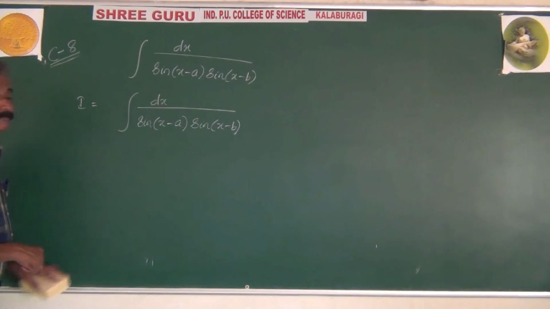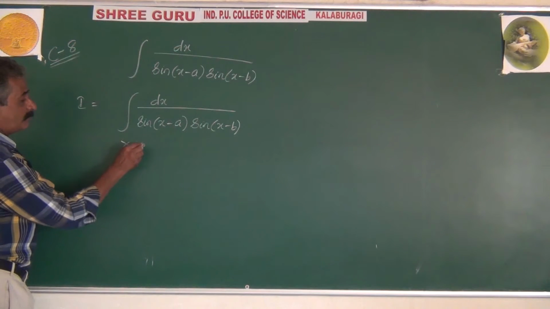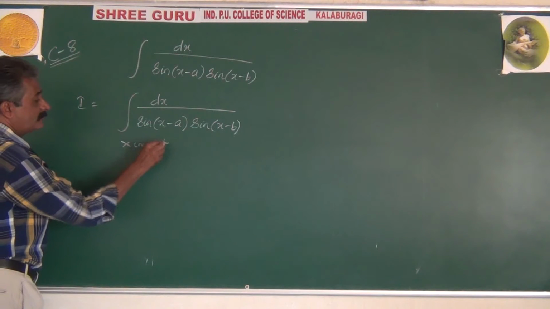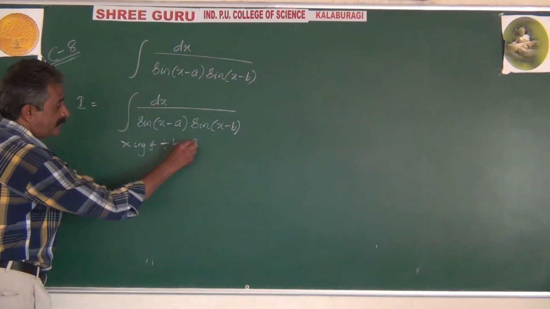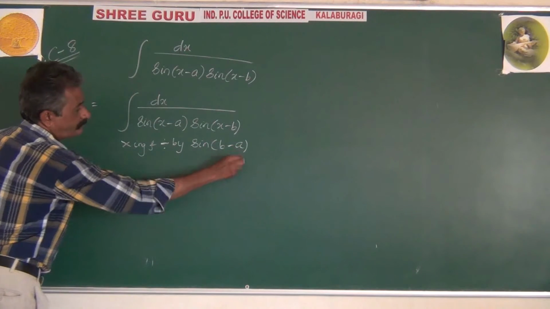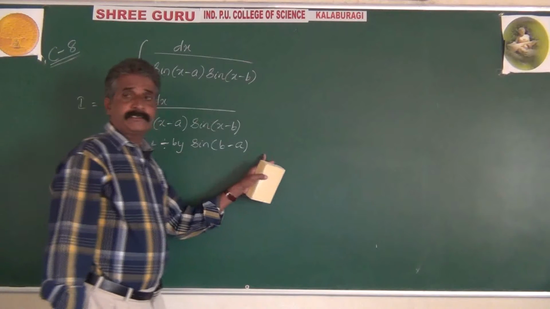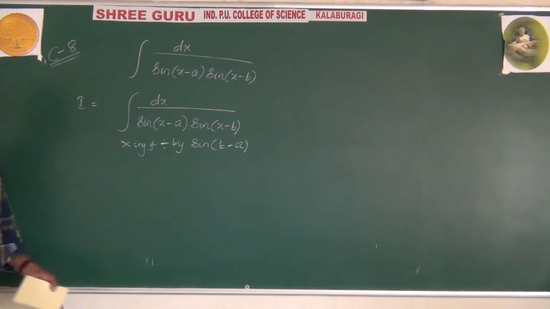That's why we take this crucial step. The step is to multiply and divide by sin of b minus a. Notice that as a and b are constants, sin b minus a will remain constant, so it can be multiplied and divided.